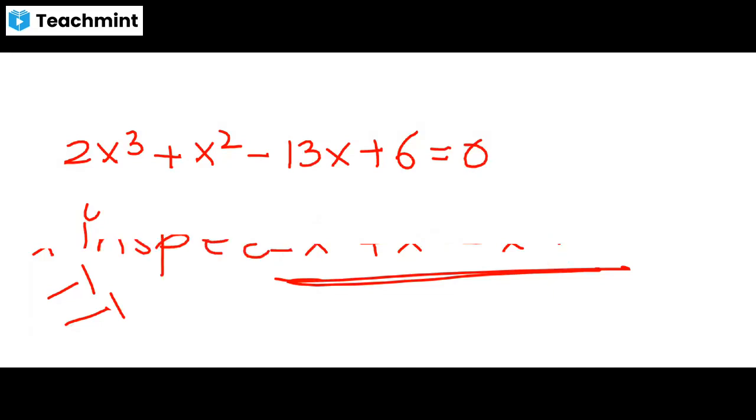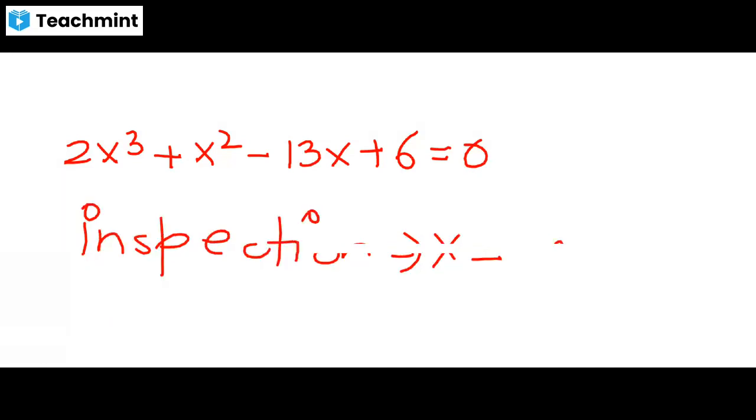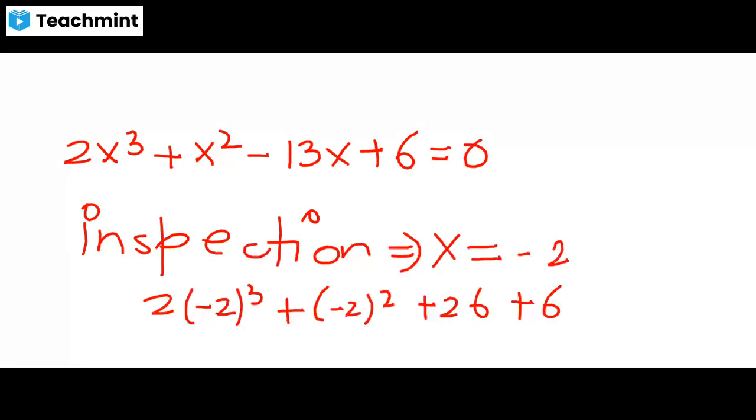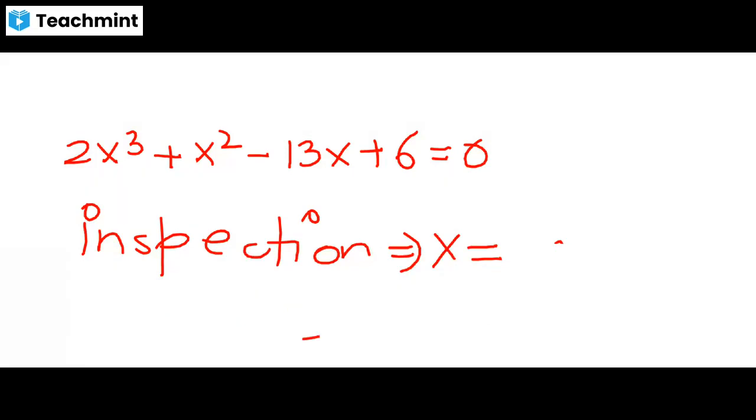Then we get 2 times minus 2 cube plus minus 2 square minus 13 times minus 2 plus 6. This comes out to be minus 16 here, and you get plus 4 over here. So it comes out to minus 12 plus, so it is not coming out to be 0. This implies x is equal to minus 2 is not one of the roots.